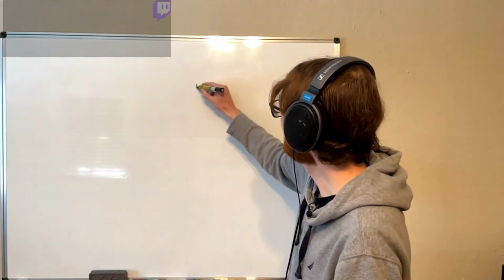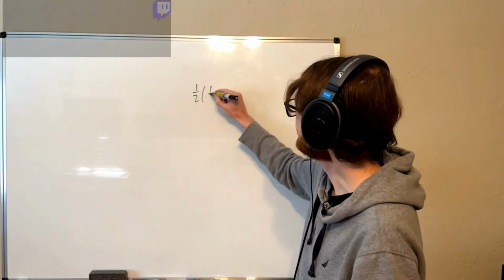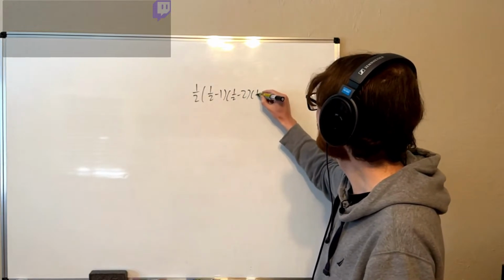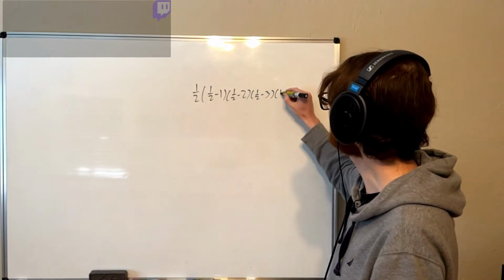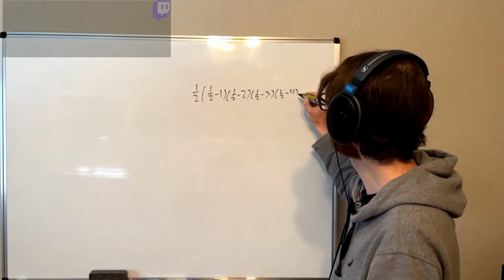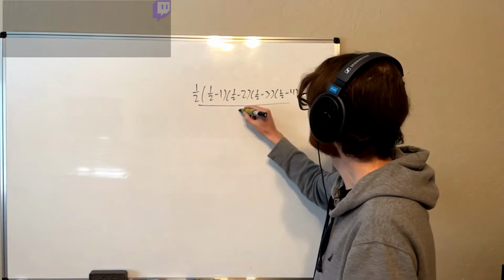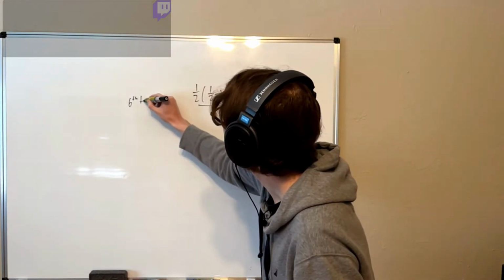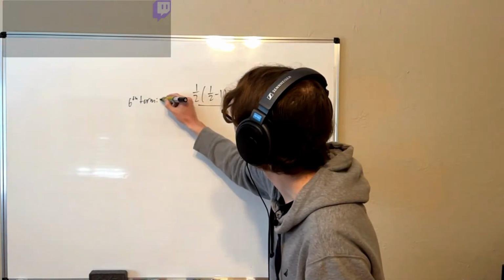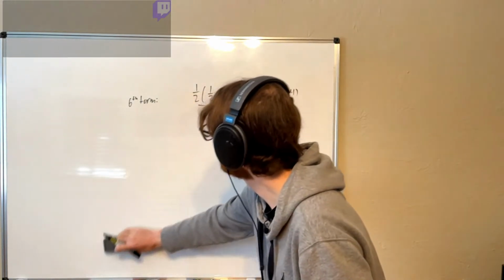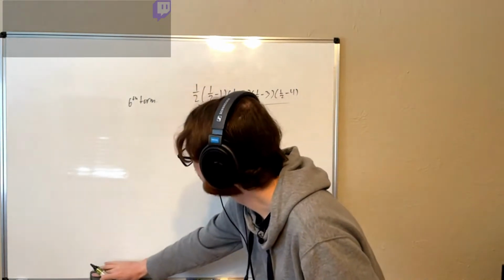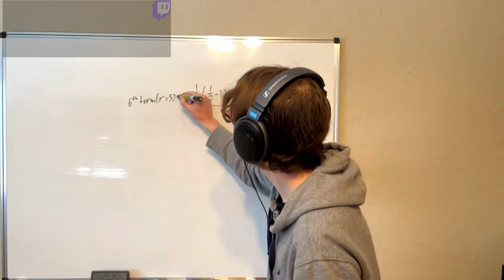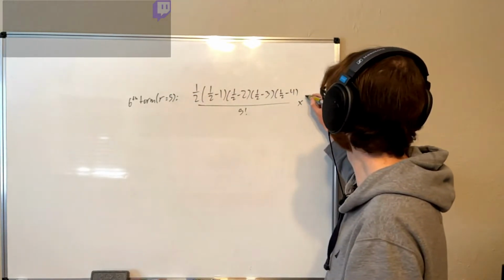So it'll be 1/2 minus 1, 1/2 minus 2, 1/2 minus 3, 1/2 minus 4 over 5 factorial. Sixth term, like that.